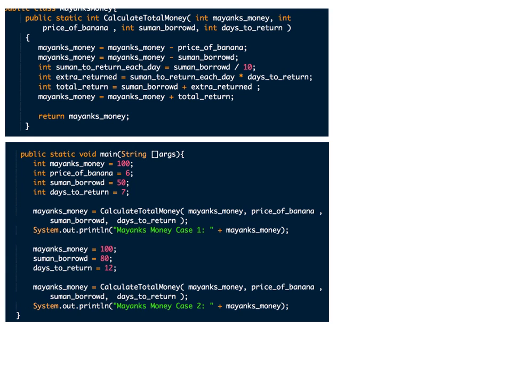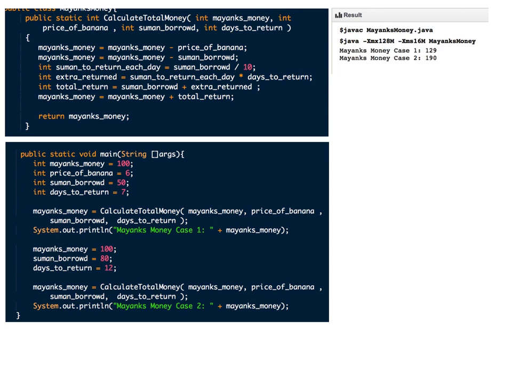And similarly, we now use my money as 100 rupees. We changed the borrowing to 80 rupees, and then we changed the days from 7 to 12. It's very simple, and can be easily read. And once again, calling this function, we got the newer amount.